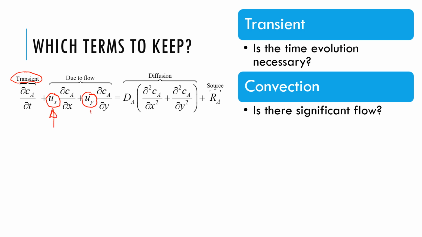Do I need to solve the full Navier-Stokes equations, or maybe I'm doing just pipe flow? For pipe flow, I have an analytical solution for fully developed flow, the parabolic profile. Can I simply use the parabolic profile? This can make a huge difference in computing time. So we need to be open to these possibilities at this problem solving stage.